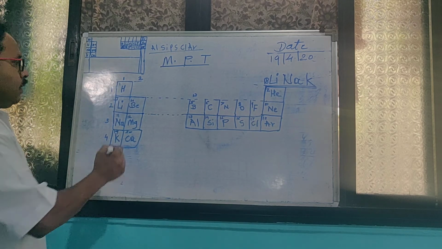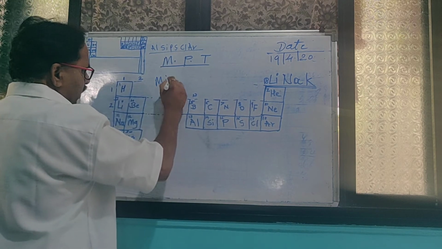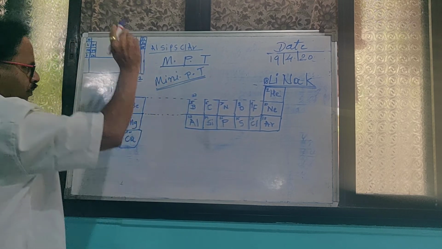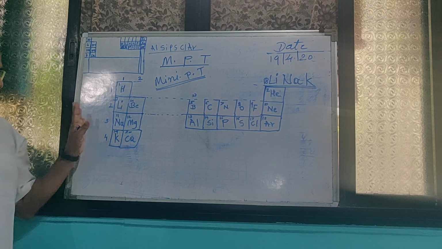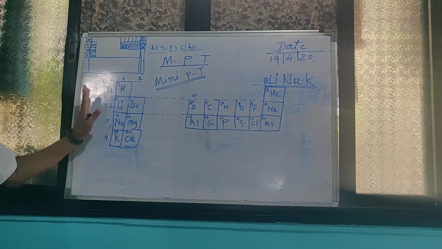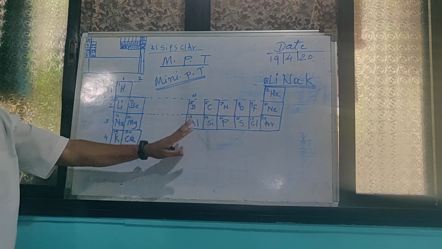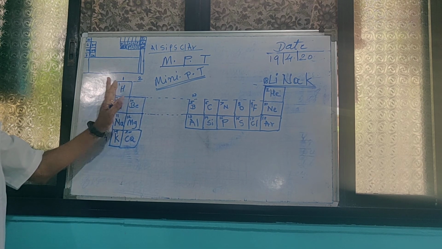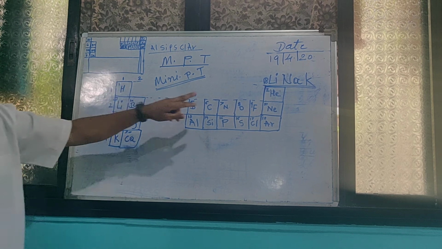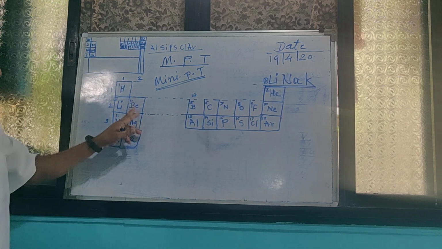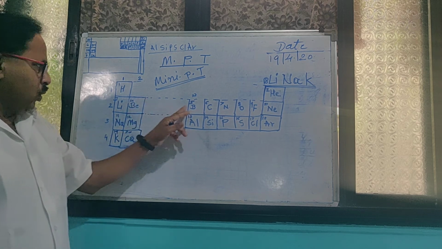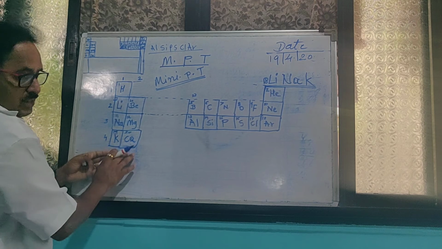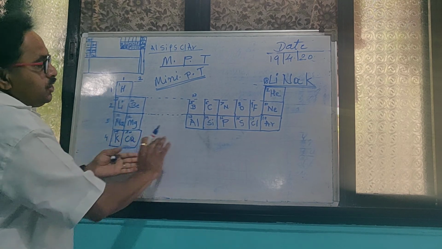This is called a mini periodic table. If you remember the first 20 elements with atomic numbers 1 to 20: hydrogen 1, helium 2, lithium 3, beryllium 4, boron 5, like this. If you arrange up to calcium, then it is easy to study.